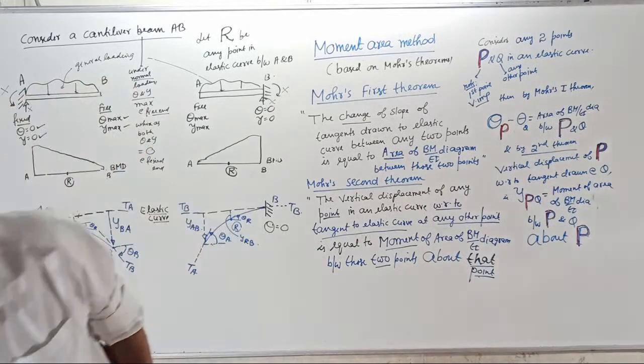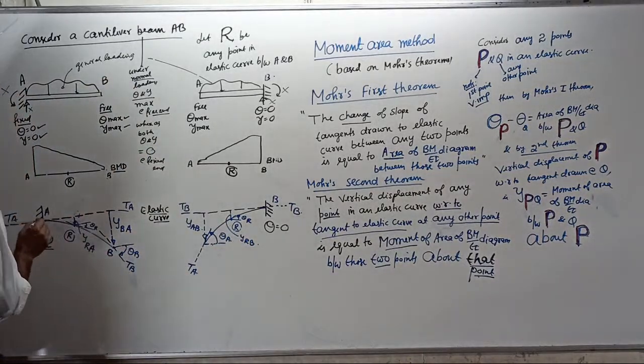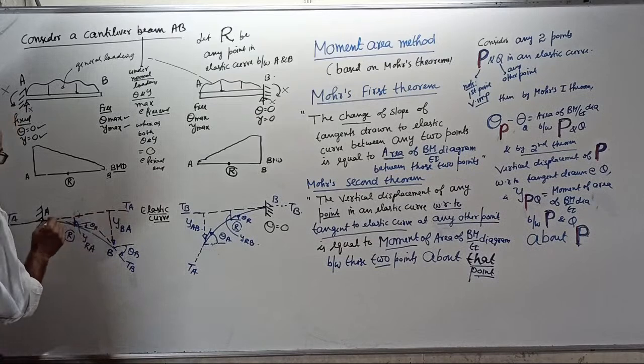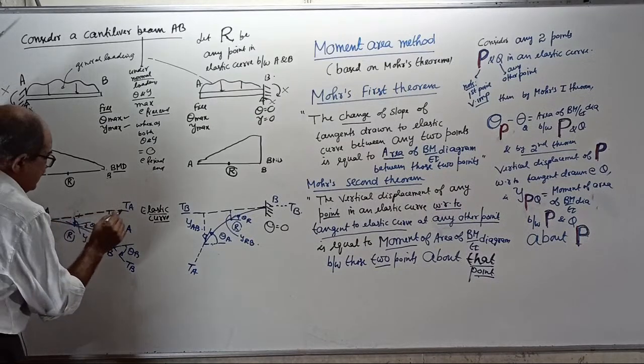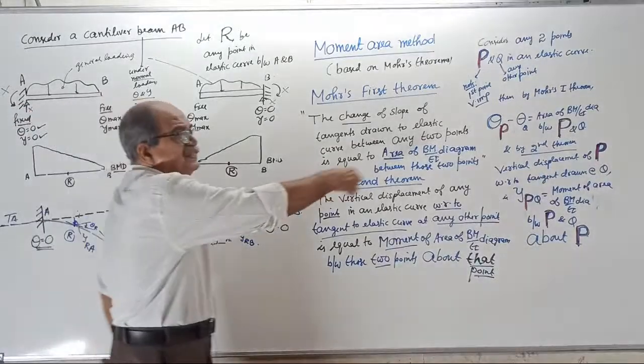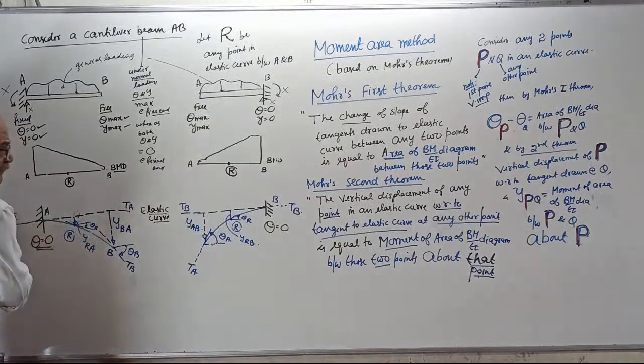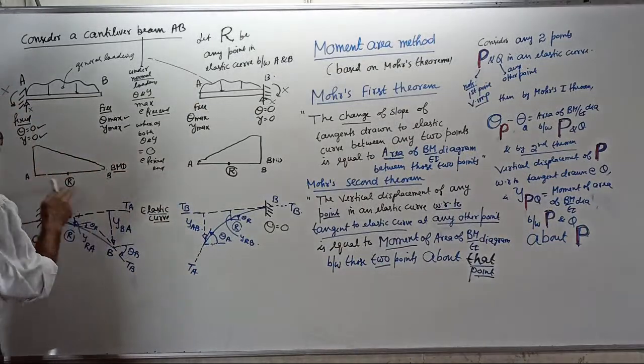The tangent is horizontal. One important principle: at A, if you draw a tangent here, it is zero slope, horizontal. I want to extend this tangent. This tangent at A you can draw like this, any length. So the original axis of the beam itself is the tangent at the fixed end.